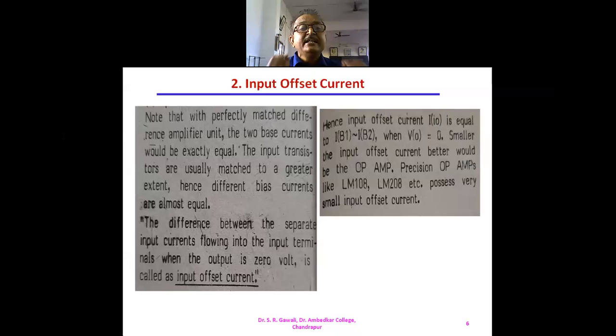So the difference between the separate input currents IB1 and IB2 flowing into the input terminals when the output is zero is called the input offset current.